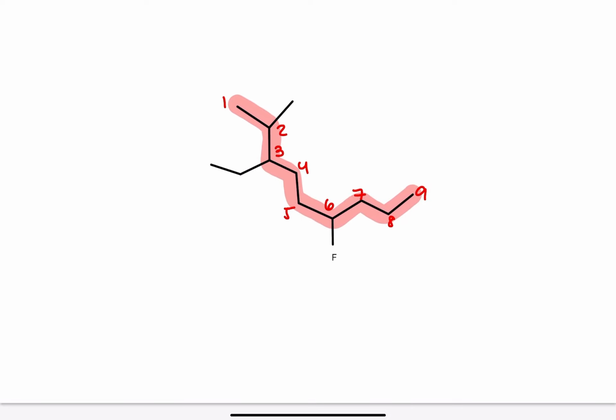Now circling back to step 2. Step 2 is to identify and name groups attached to this chain. On carbon 2, we have a 1 carbon substituent, which is called a methyl group. On carbon 3, we have a 2 carbon substituent, which is called an ethyl group.